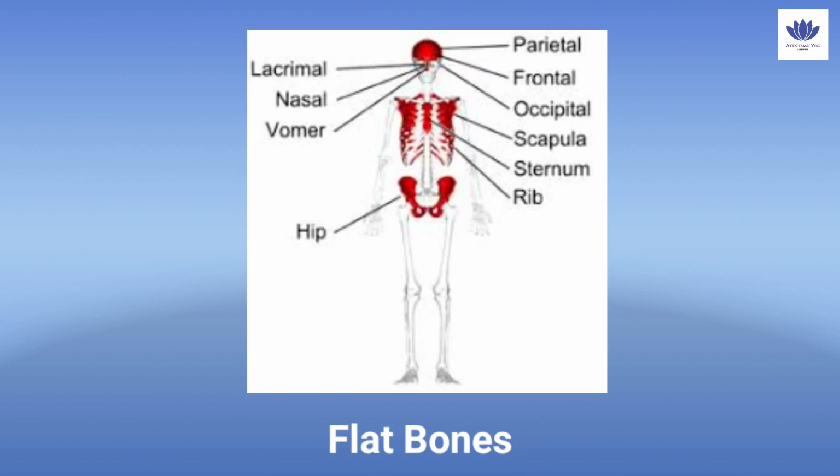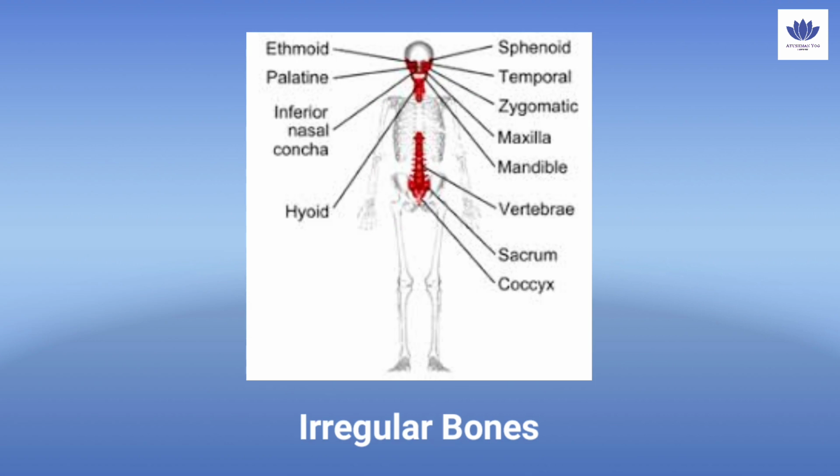Now the flat bones protect internal organs, such as the skull bone or thoracic cage. Then the irregular bones. These have complex shapes and help protect internal organs, such as the irregular bones of the vertebral column, which protect the spinal cord. Irregular bones of the pelvis protect the pelvic cavity.